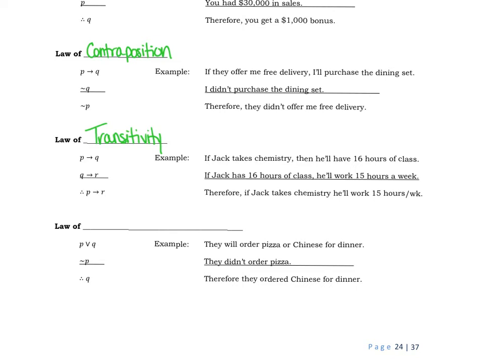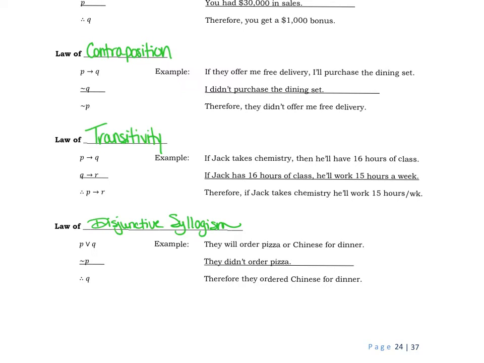The last of the common valid forms of argument is called the law of disjunctive syllogism, which is a mouthful, I know. This one says P or Q. So they will order pizza or Chinese for dinner.